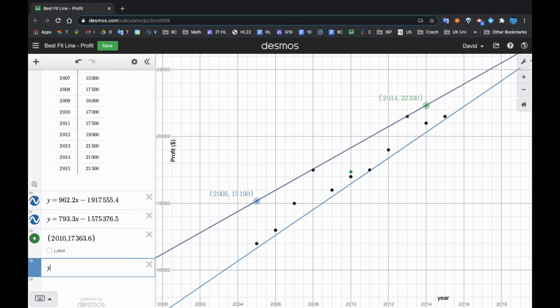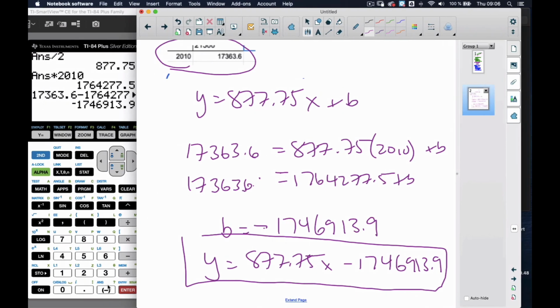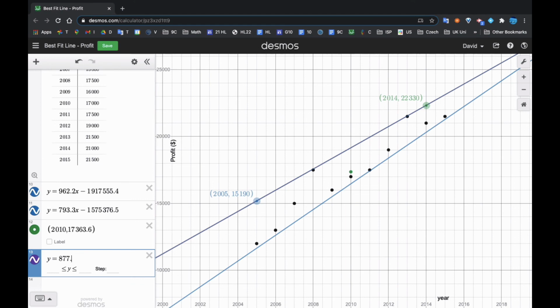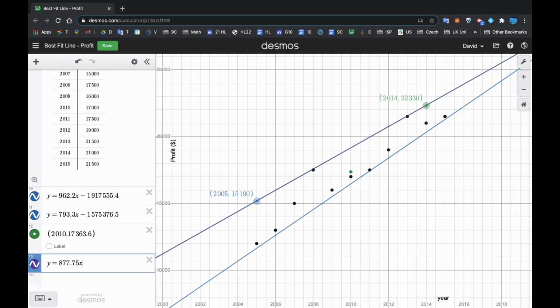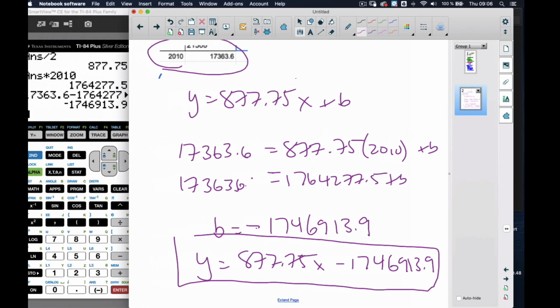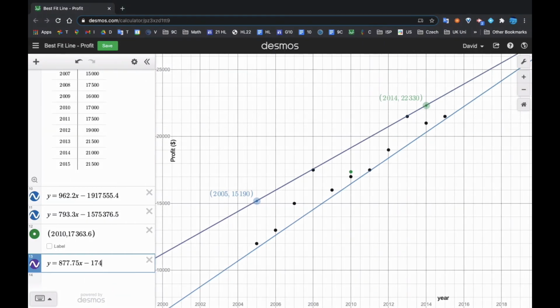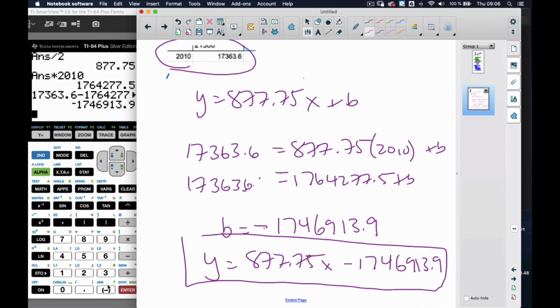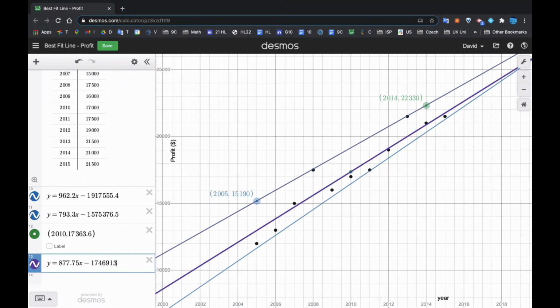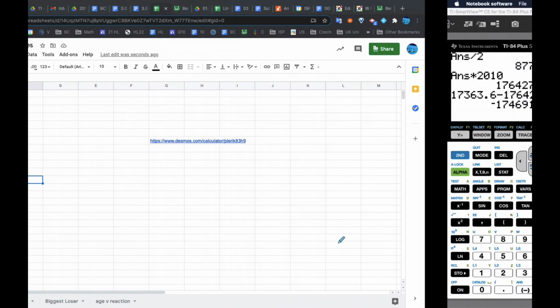So if I go y equals 877.75x minus 1746913.9. And you can see quite nicely the purple line here does go through the mean point, and it has a slope that's kind of between the two. And so this is going to be my line of best fit.